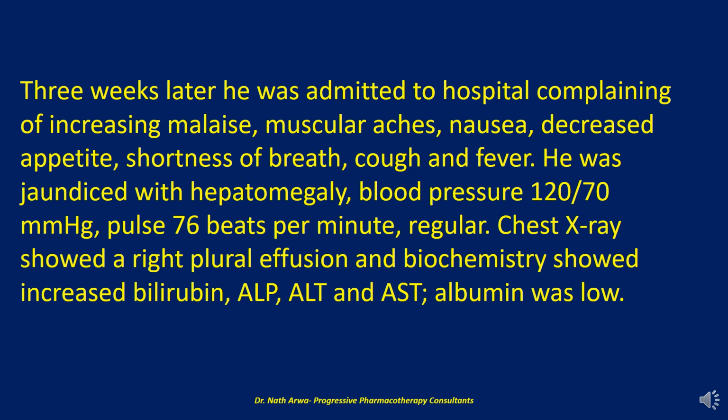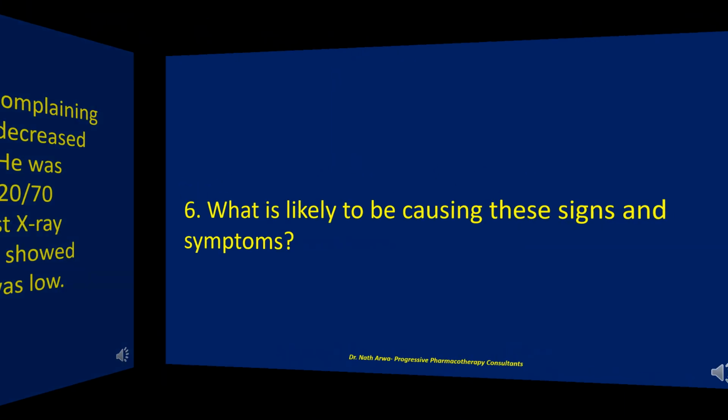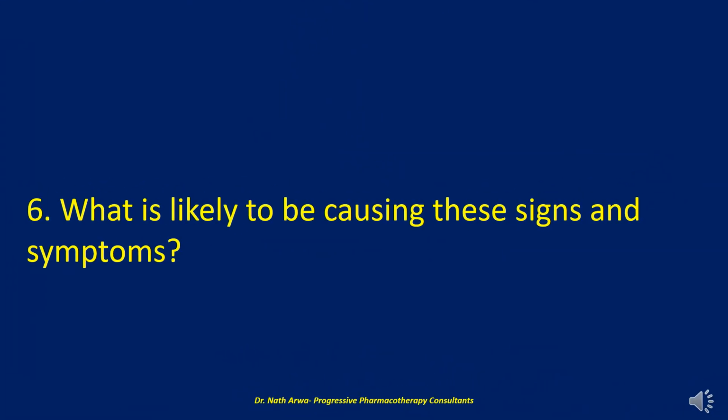Chest X-ray showed a right pleural effusion and biochemistry showed increased bilirubin, ALP, ALT and AST. Albumin was low. Question 6 reads, what is likely to be causing these signs and symptoms?